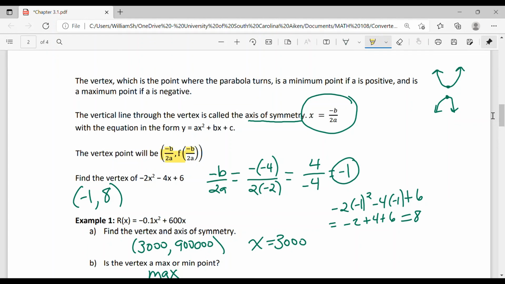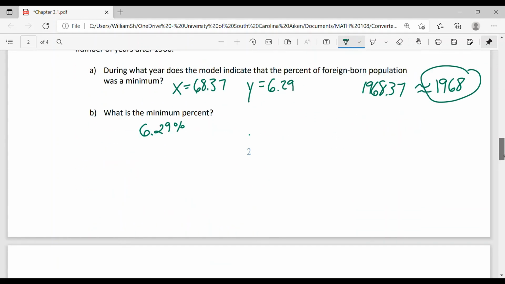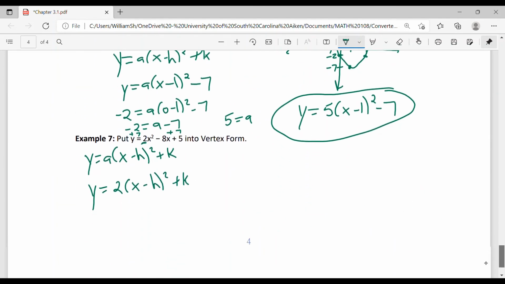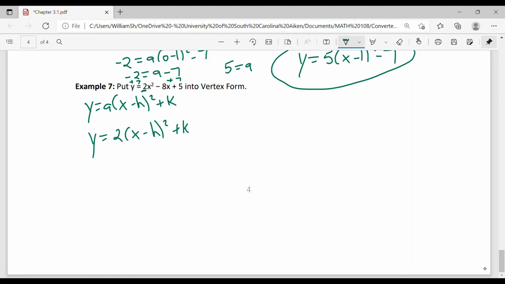I don't usually do that, but we can. That is very important: negative b over 2a, f of negative b over 2a. So if you hadn't yet, highlight that in your notes, because it's going to be important on this last question. Our vertex here is negative b over 2a, comma, f of negative b over 2a.